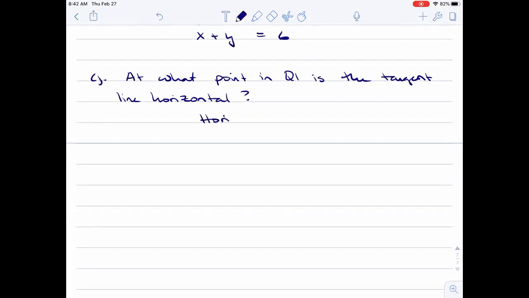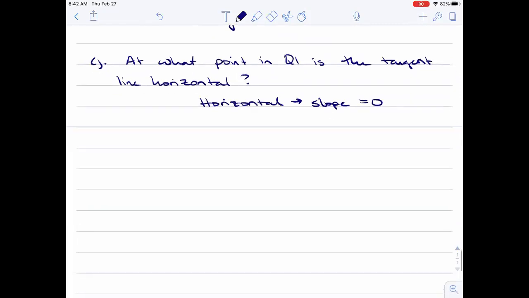We have to remember that horizontal means that the slope is 0, which means y prime must be 0. So if we go back and look at y prime, y prime is 2y minus x squared over y squared minus 2x.